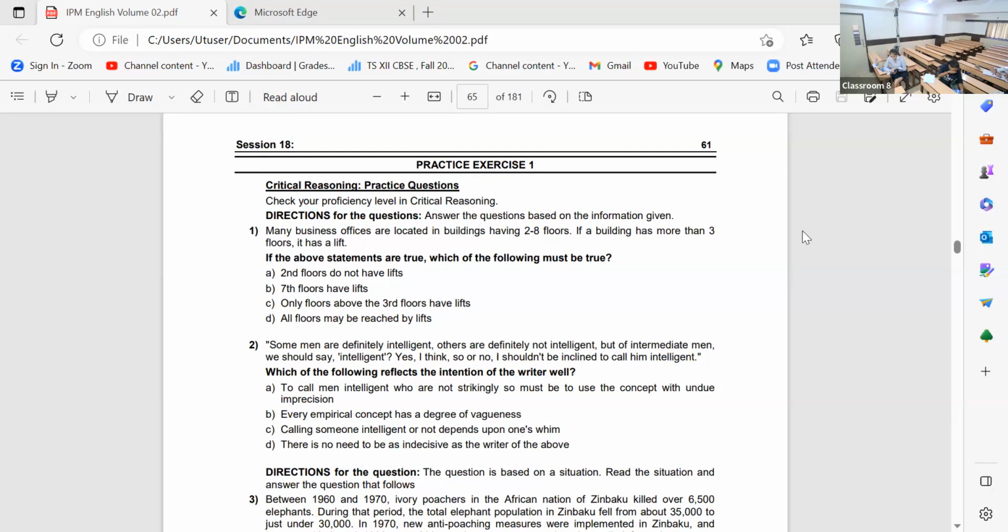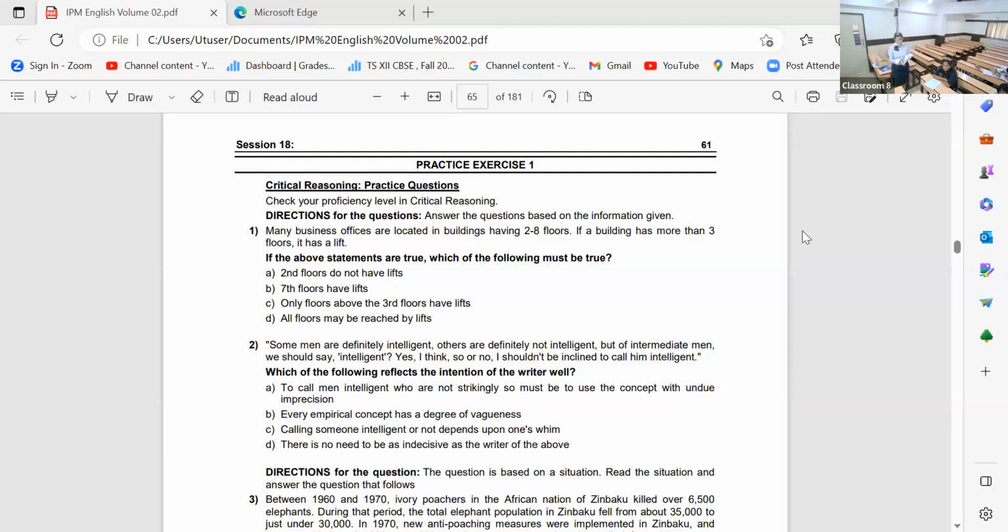Okay, so your first one says the located buildings have 2 to 8 floors. If a building has more than 3 floors, it has a lift. Which of these do you think must be true? Which one do you think, Aditya?